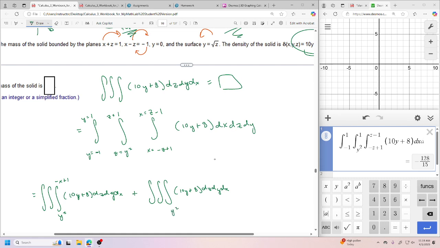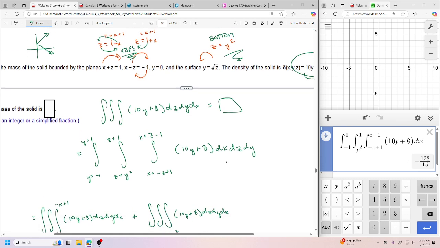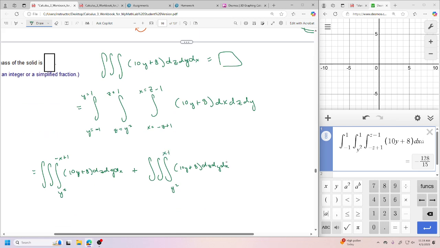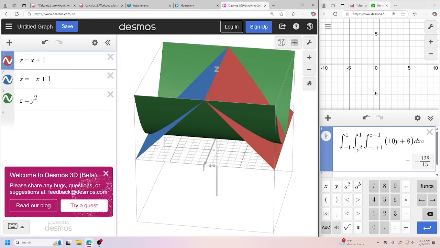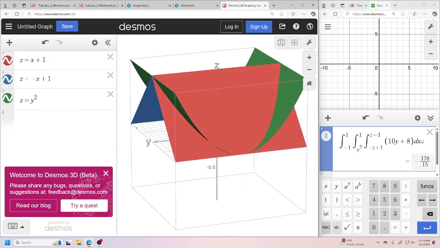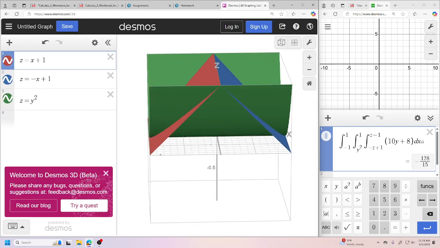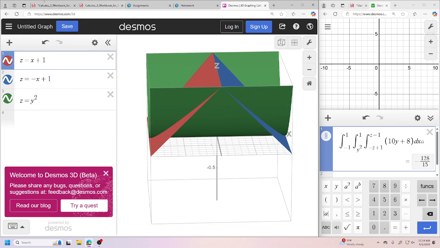And here I'm going to go y squared, and it was just x plus 1. For my y's, I need y's in terms of x's, but I don't think I have that. So I'm going to go negative 1 to 1. And my x's, I think it's just 0 to 1. No, x is going to be negative 1 to 1 as well.